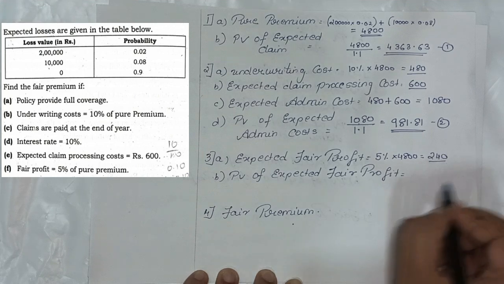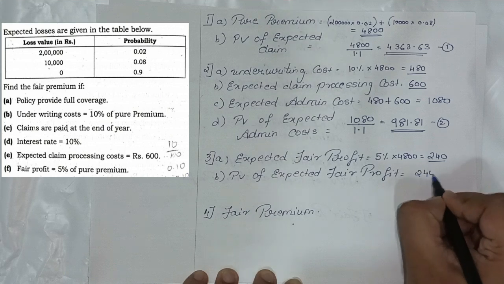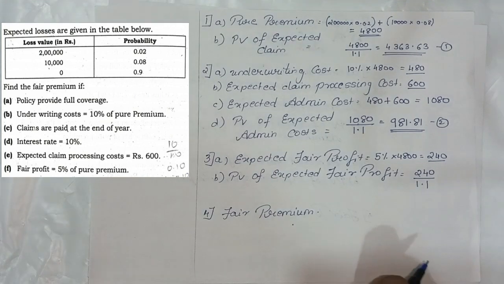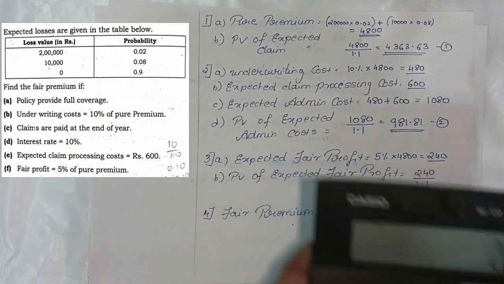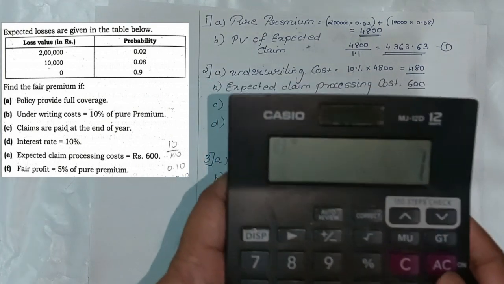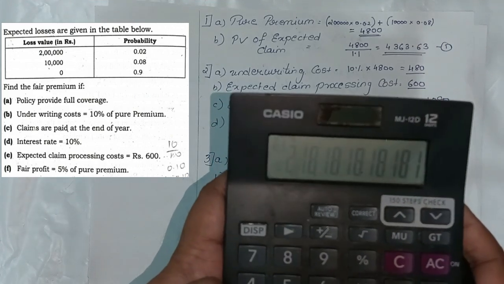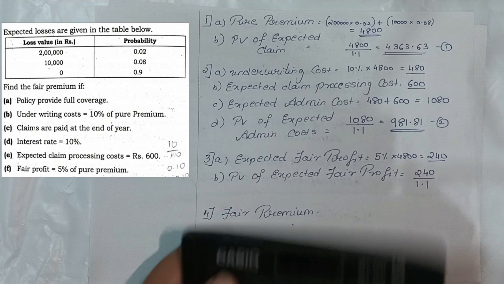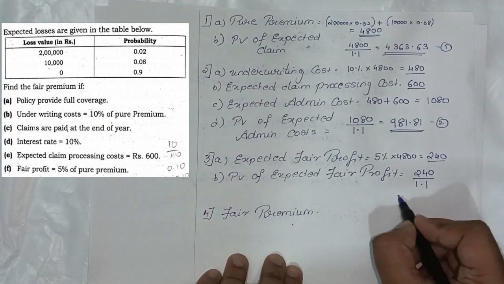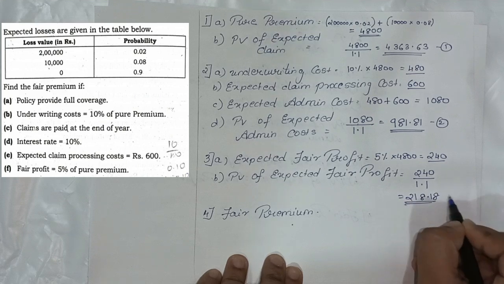And PV of expected, this will be the same, 240 divided by 1 plus the interest, so that will become 240 divided by 1.1, it comes to 218.18. So we note down 218.18, that's the third value.